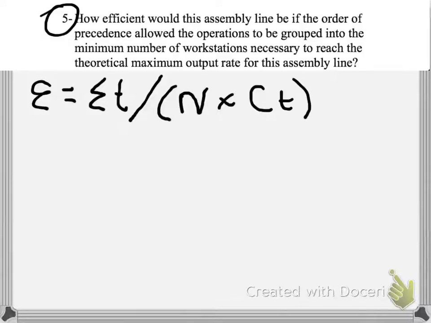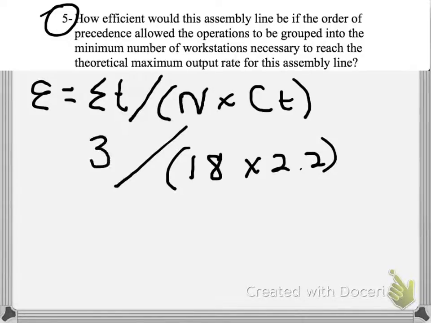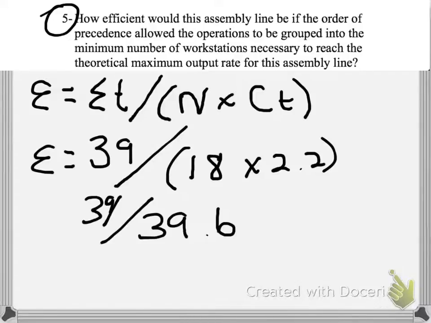We use the minimum number of workstations from our previous answer, 18, a cycle time of 2.2, and the sum of our task times, 39, in the numerator. So efficiency equals 39 divided by 18 times 2.2, which is 39 divided by 39.6.